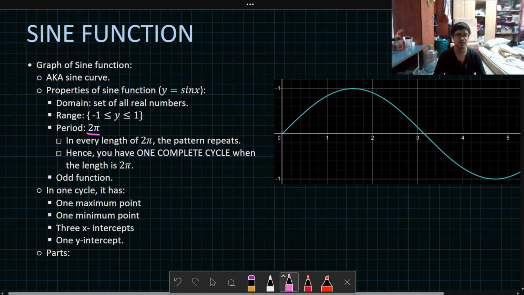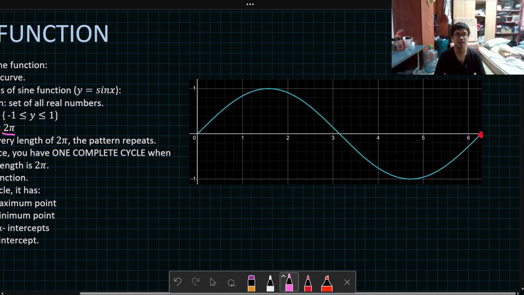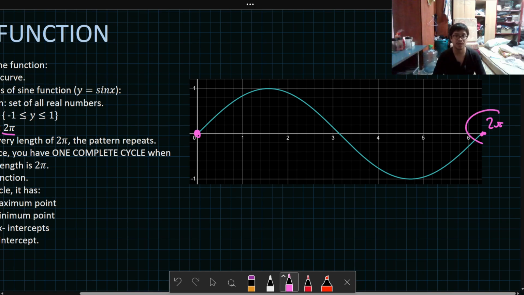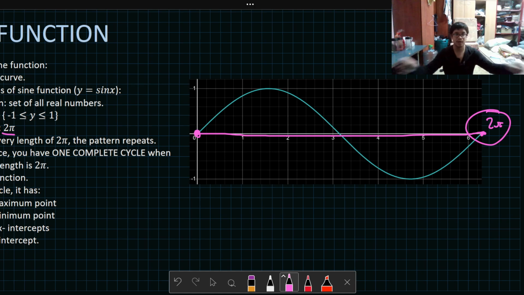Just like here, you see this? This is 0. And once you reach this corner right here, where the curve touches the x-axis, that is exactly 2 pi. So from the starting point to the end point, you have a total length of 2 pi units.